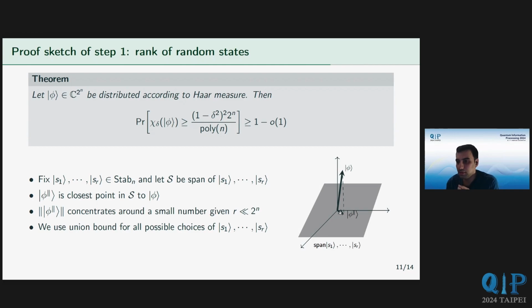And we can show that with very high probability, the norm of this vector, this closest point, is small. For this probability, we use some concentration inequality that is very sharp, and we can use a union bound over all S1 to SR. And if you can show that that norm is small for large R, then it's equivalent to saying that the stabilizer rank is large.